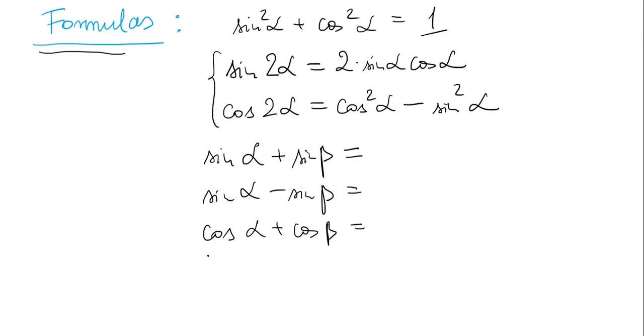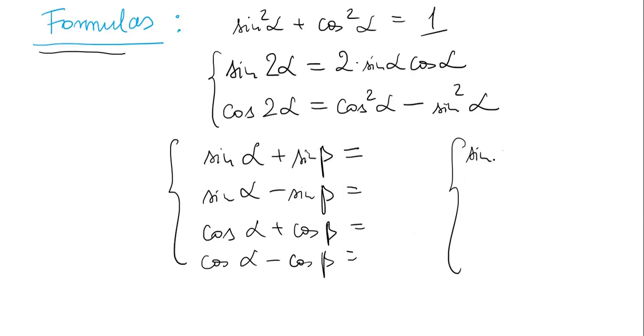And then we have subtraction. So this is another group. I am not going to give you all of them because, as I said, there's not much time for this video, but you can easily look them up on the internet, right? So you can just write them down. And another group is for sine of the sum, right?